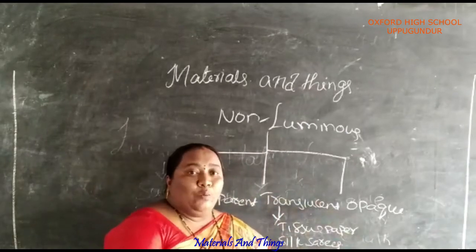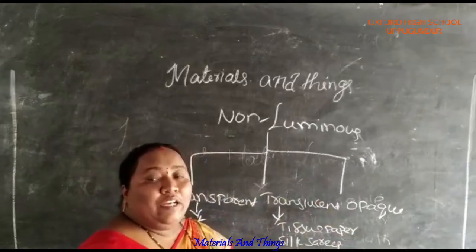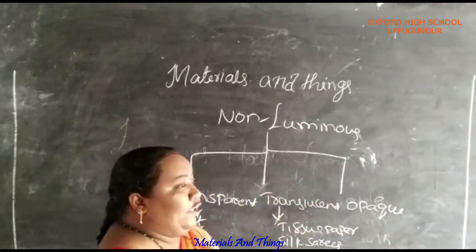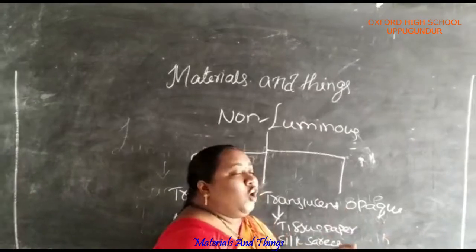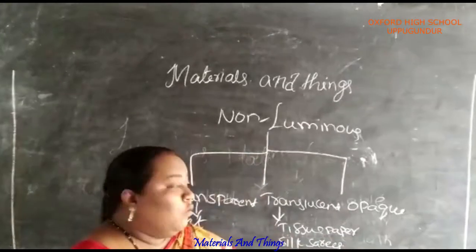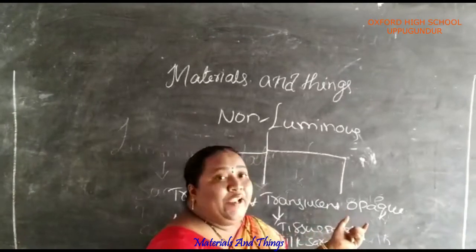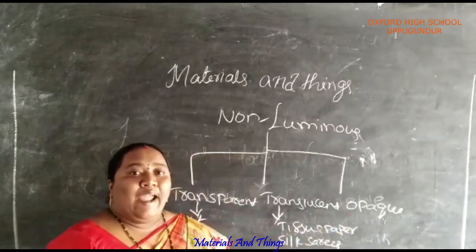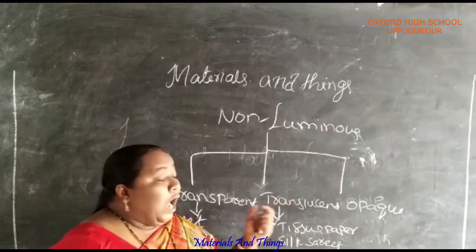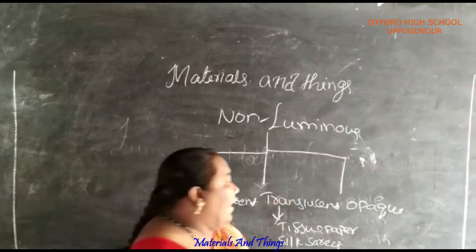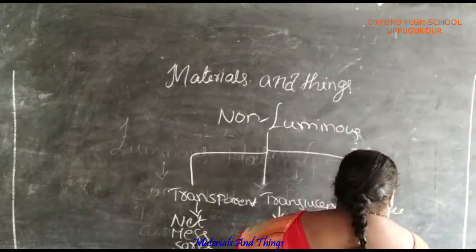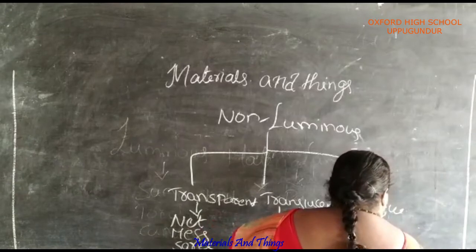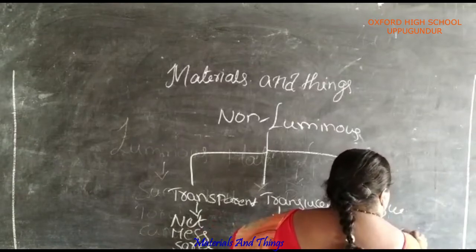Next, opaque. The non-luminous object which does not allow light to pass through them is called opaque. Example: pen, pad, chair.